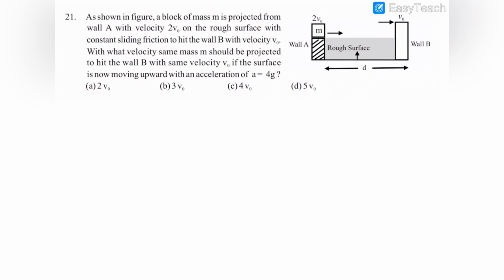So we can say that the change in kinetic energy of the block, which is half m into 2v0 square minus half m into v0 square, is equal to work done against friction, and work done against friction would be mu mg into d.